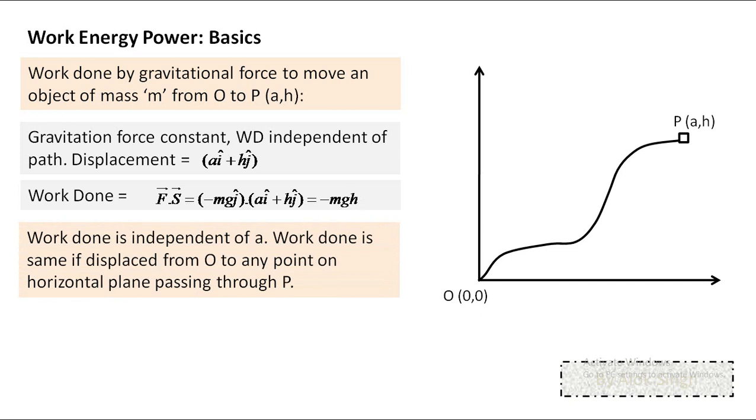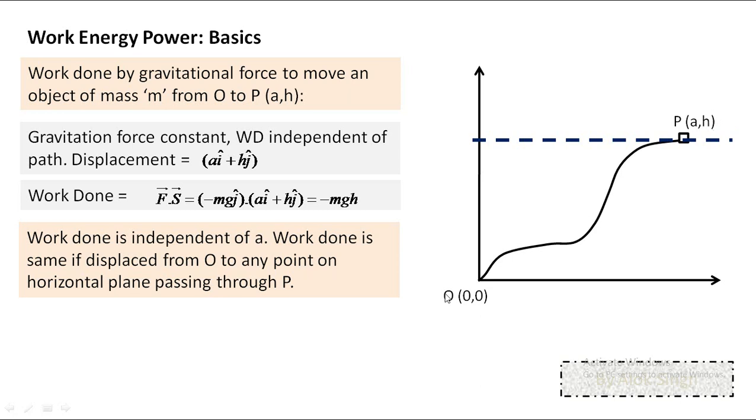Work done is independent of A, or work done is the same if from O we move to any point which lies on the horizontal plane passing through P. So if we draw a horizontal plane passing through P, for all points the y coordinate will remain the same.